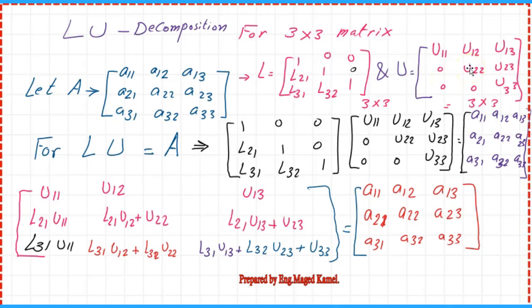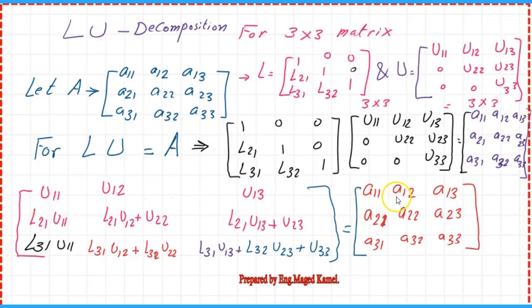L32 by U22 added to 0 is this term. And the last term is L31 by U13 here, this is U33, and L32 multiplied by the second row U23 is here.